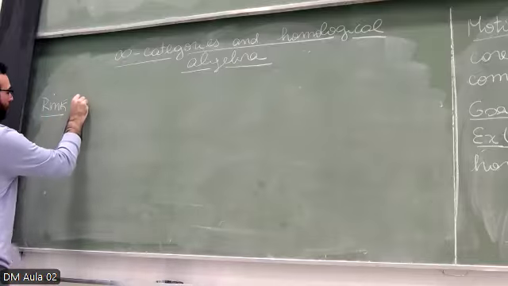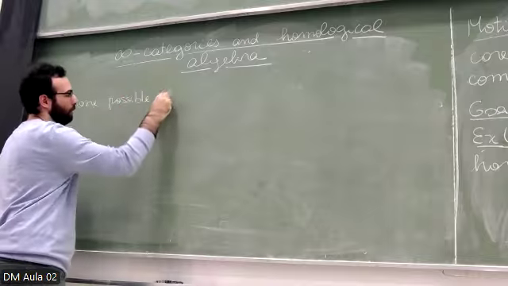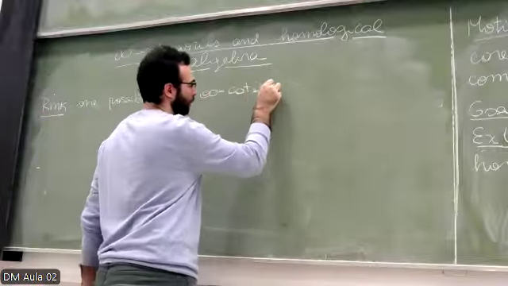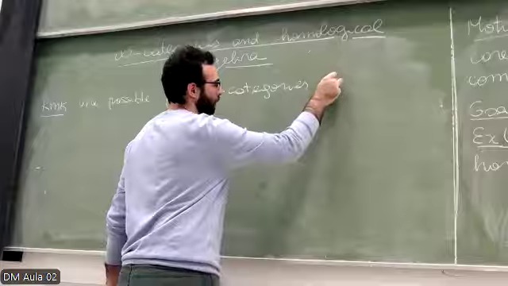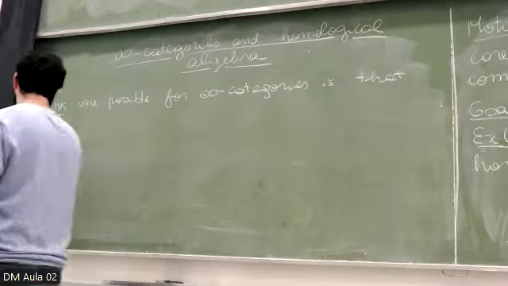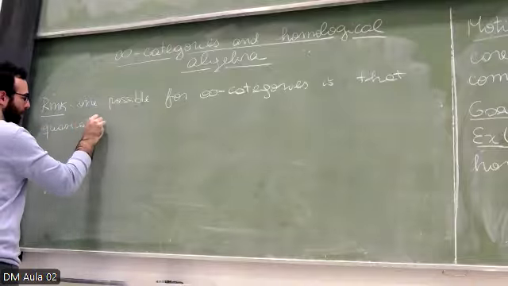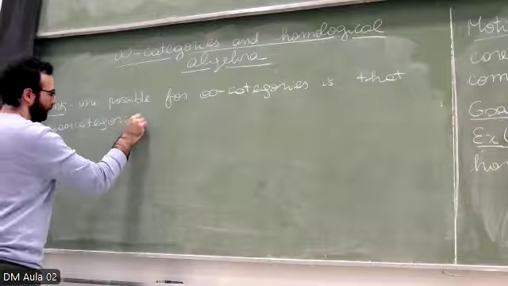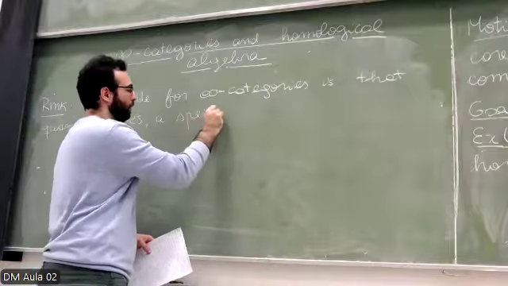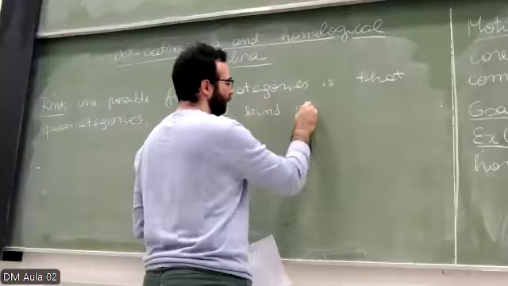So one possible model for infinity categories are quasi-categories, which are a special kind of simplicial set.